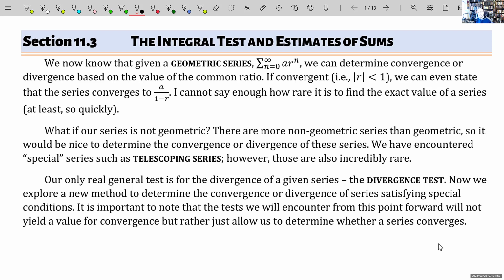Anyhow, you can see that at the top of this section, I wrote these 3 paragraphs here.